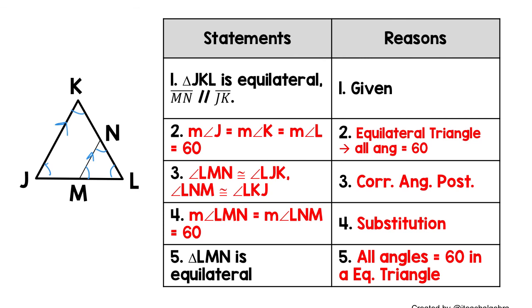Well, we can say the measure of angle LMN is equal to LNM, and that's equal to 60 by substitution. If these 3 angles are 60, then these are also 60. So that tells us that triangle LMN is also equilateral because all angles equal 60 in an equilateral triangle.